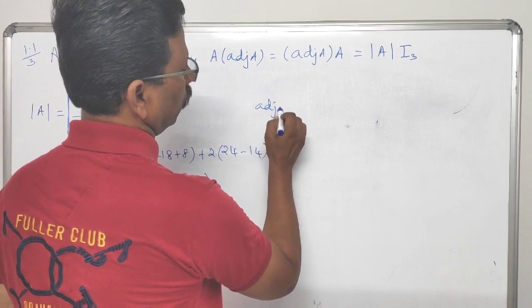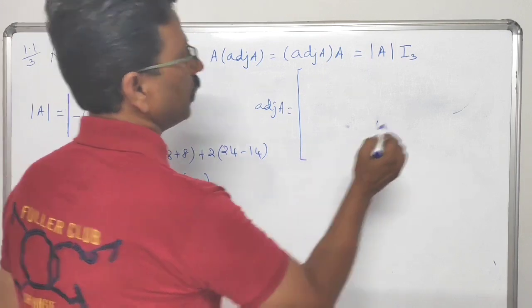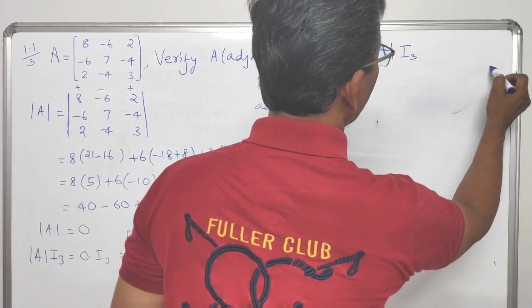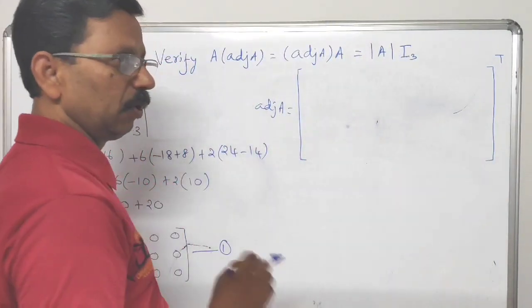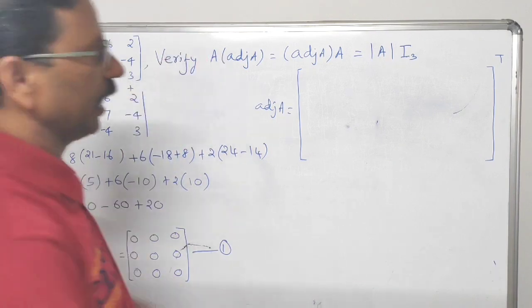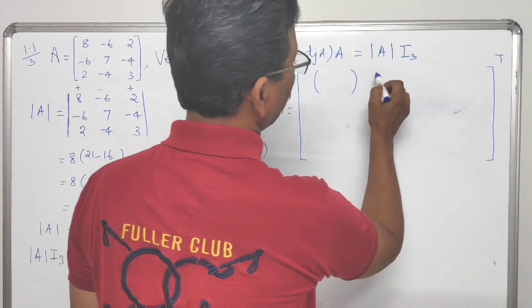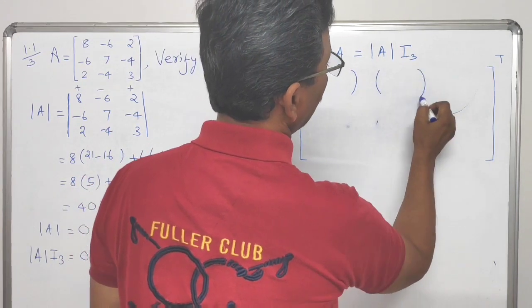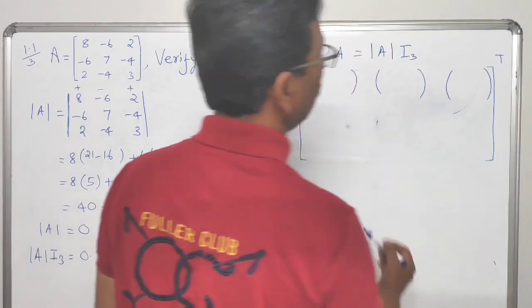Adjoint A is equal to nothing but the transpose of the cofactor matrix. For finding cofactors for these elements, we have to write 9 brackets, as we have already done in the previous problems.